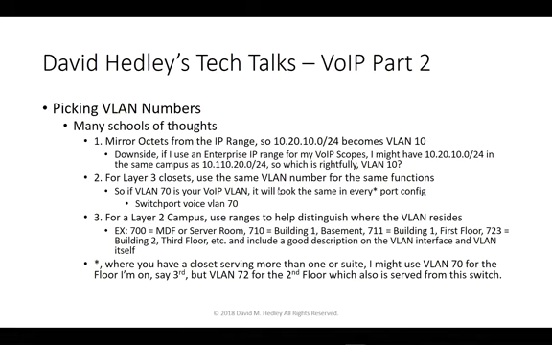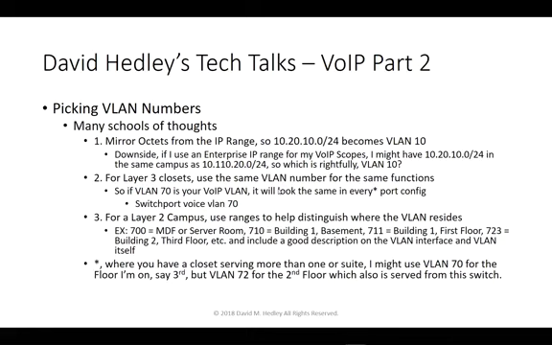Now for layer 2 campuses, I can take a range, and for some reason we pick 7s, or I pick 7s, or somebody picks 7s, but I can take the 700 VLANs. 700 is going to be for my MDF or server room, because that's often different. There's core infrastructure there. If I also have a user switch in there, I'm going to put that on a different VLAN.